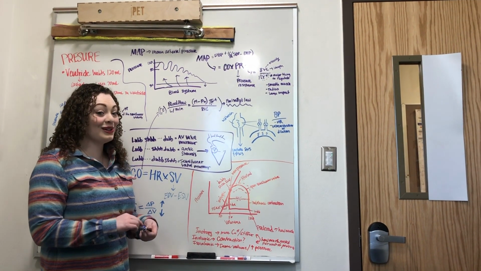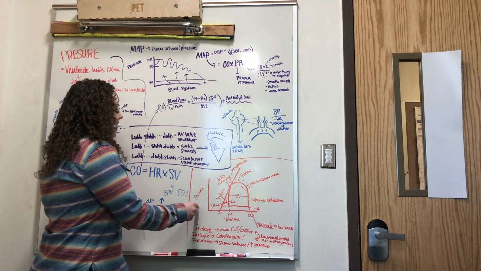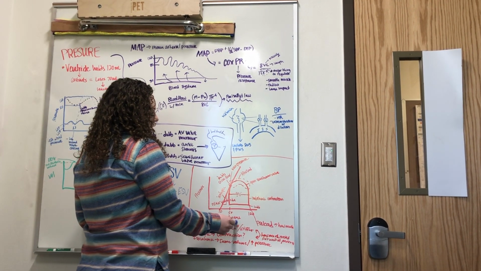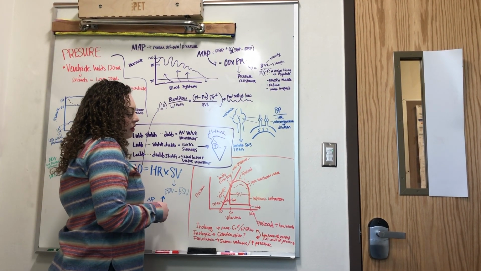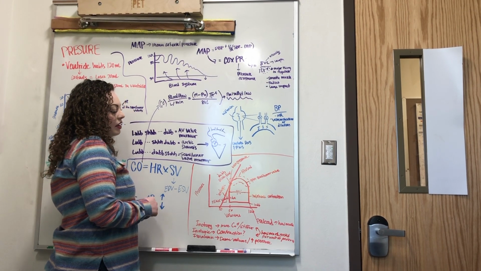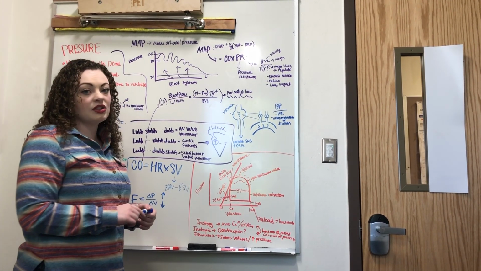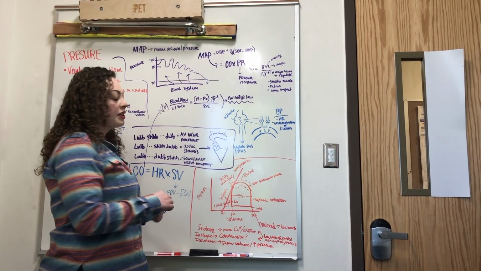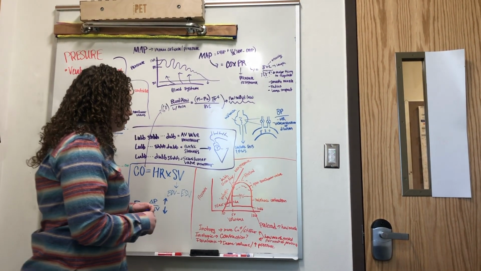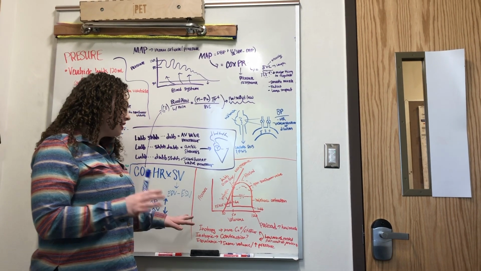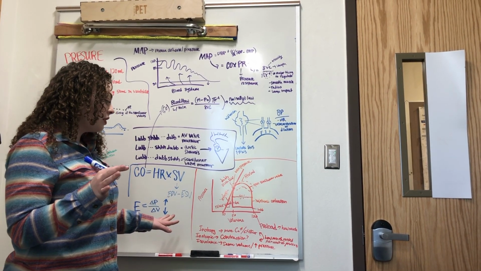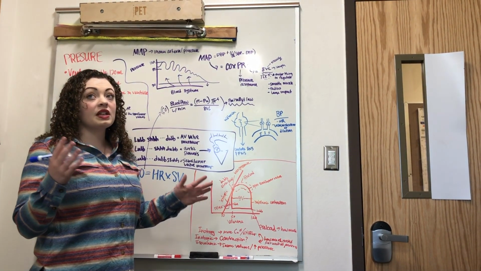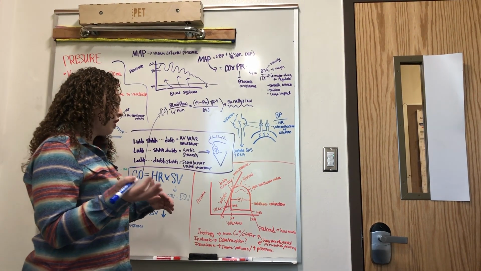Okie dokie, let's come over here. So we got another graph, lots of graphs today, and we're going to be doing pressure and volume. So this is how we determine how we're going to treat patients. What is it going to actually solve the problem? So first of all, we need to know some terms. Inotropy is kind of synonymous with inotropic, and inotropic is asking about the contraction of the heart.